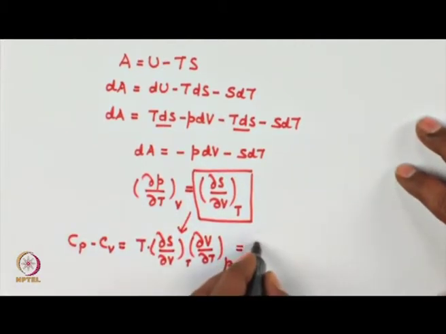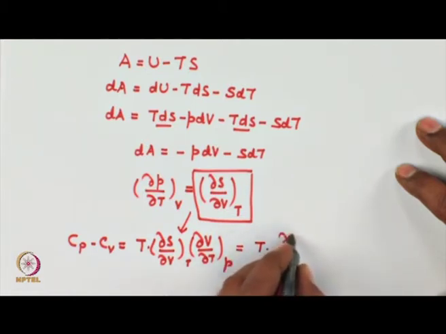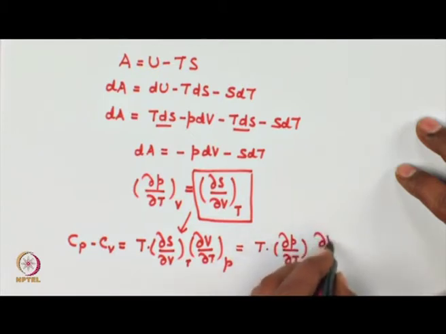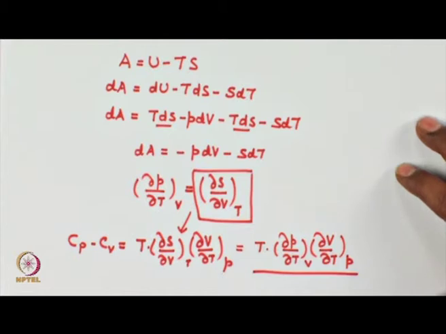What I have is T into the variation of pressure with temperature at constant volume, into the variation of volume with temperature at constant pressure. This is what was asked.